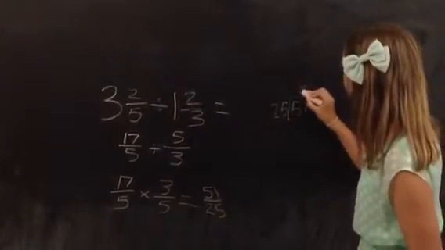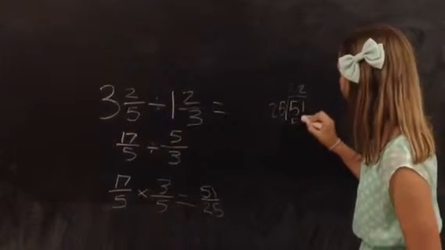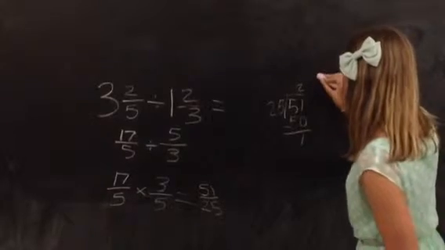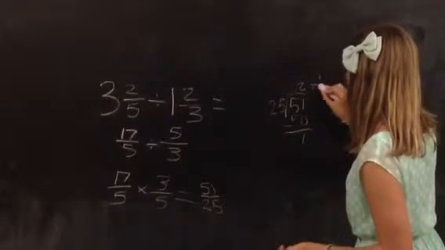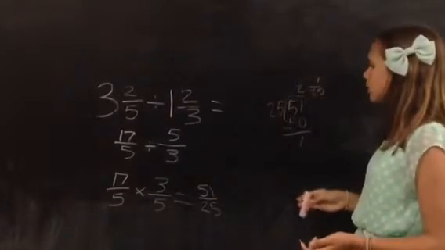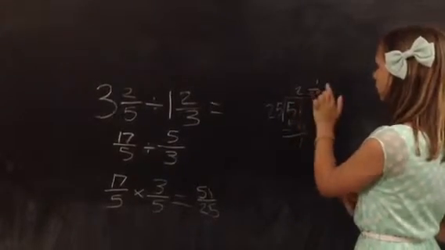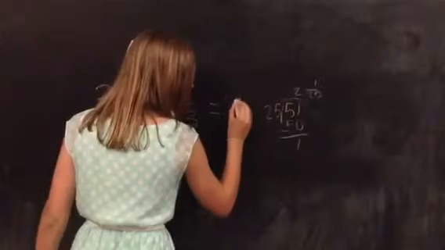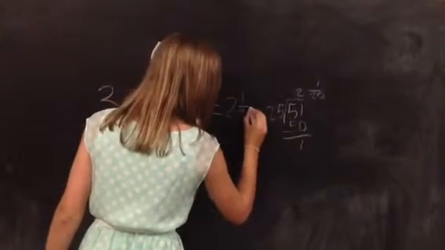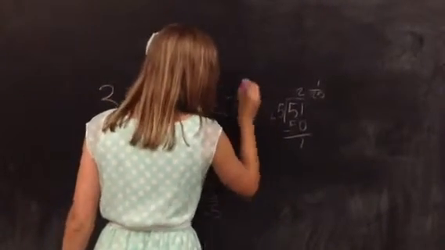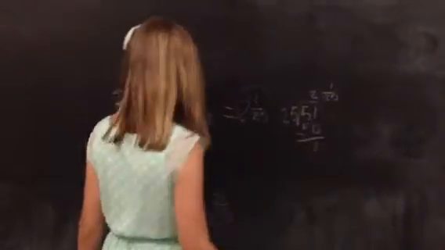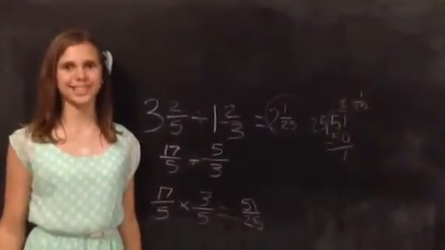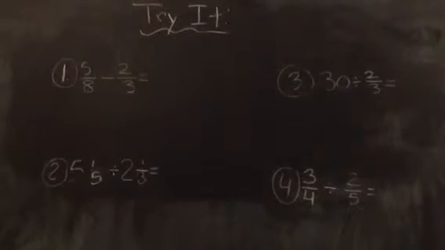So 2, 50, minus 1, 1/25. So our answer is 2 and 1/25. That is how you divide mixed numbers. Try it yourself.